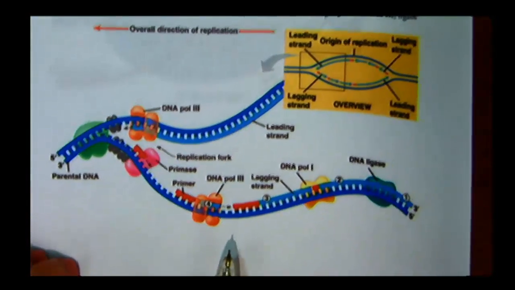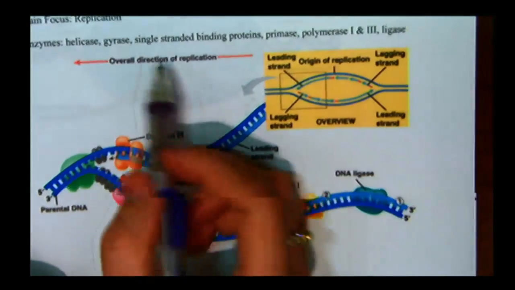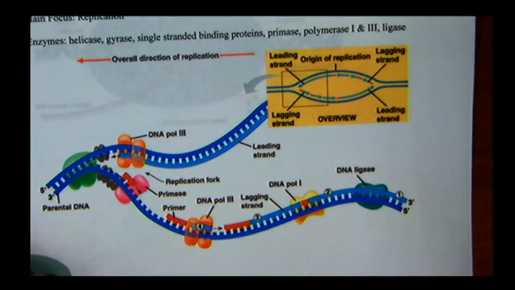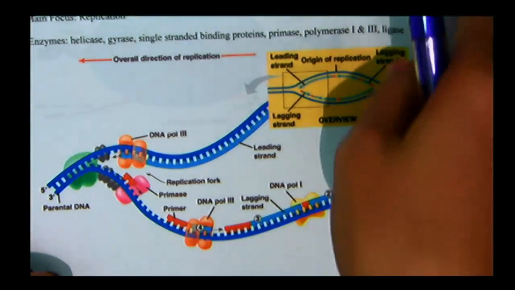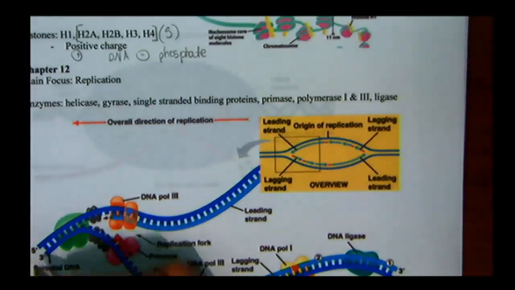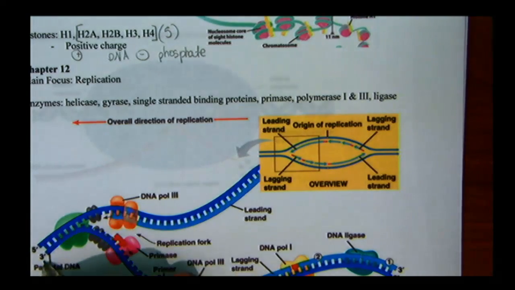Directionality of things. So it gives us the template strand here. So we have a 5' template strand here, 3' here, which means that the replicated strand has to be moving in an anti-parallel fashion. So if this is the 5' end of the template strand, then this has to be the 3' end, if you can see that.